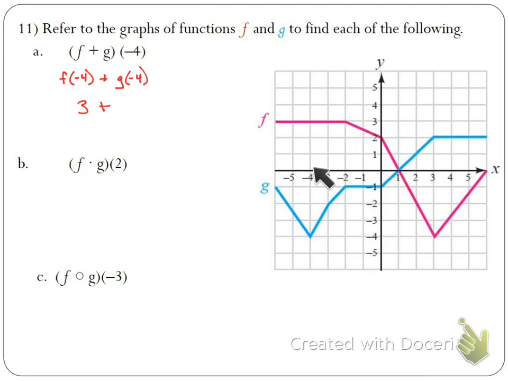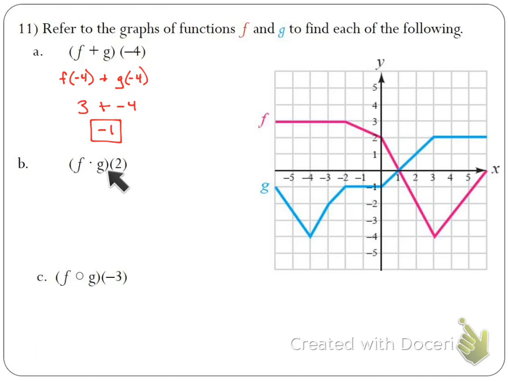At negative 4, the g's output is negative 4. Agree? So 3 plus negative 4 gives me negative 1. Make sense?